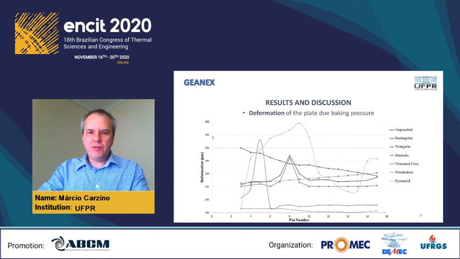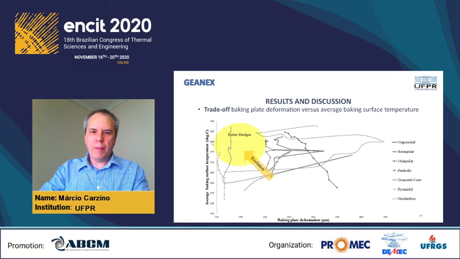The deformation of the plate due to the baking pressure is also lower for pyramidal and truncated cones. And the final graphic shows the better designs for construction of the baking plate, with higher and constant temperatures and lower deformation. Then we show the better designs.